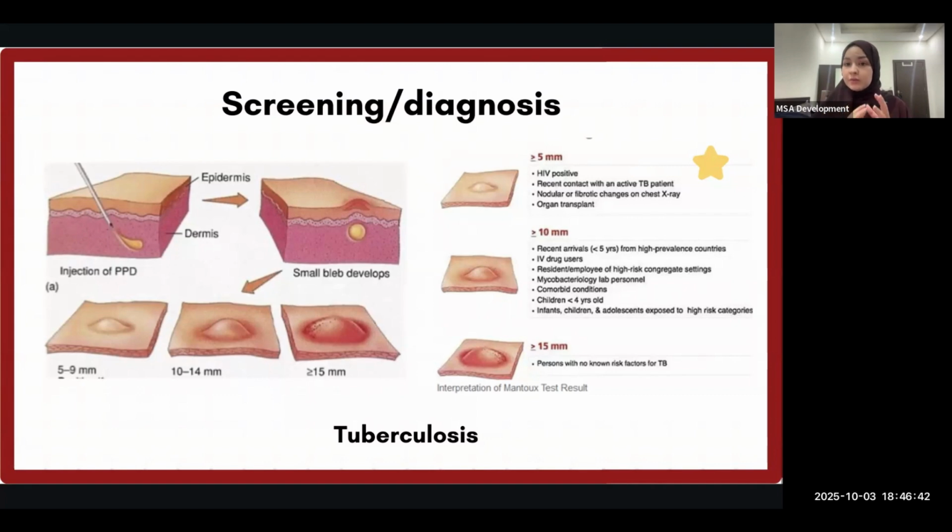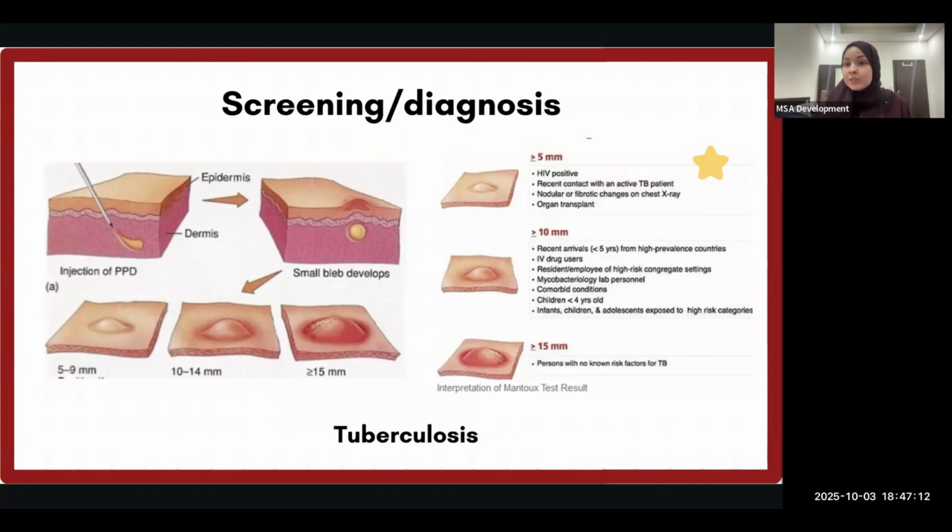The amount of induration, or how we interpret this induration, is based on the patient's immune system, how immunocompetent they are. So what is expected in a healthy patient whenever you inject PPD is the immune system will form a reaction against it because it's never seen TB before.